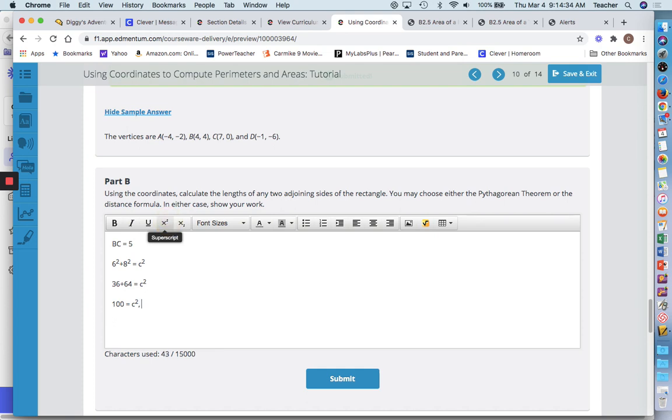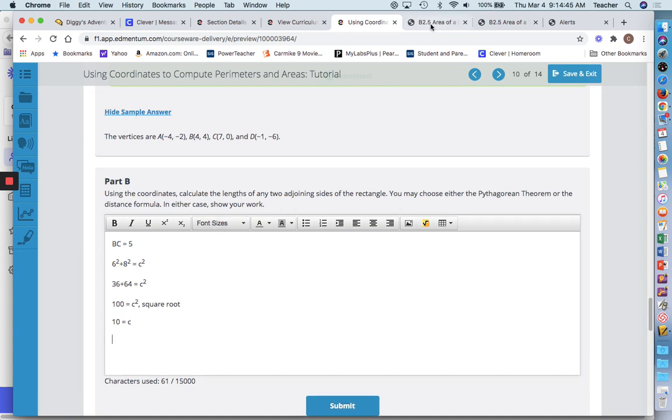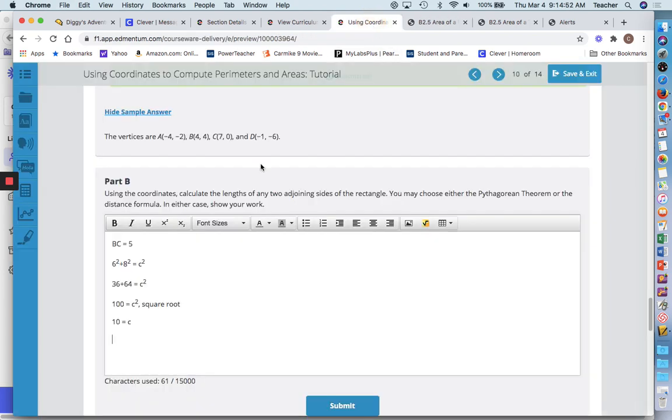And the opposite of squaring is to square root. The square root of 100 is a 10. So it looks like my C is a 10. Now, technically, that was from C to D or D to C, that segment is a 10.